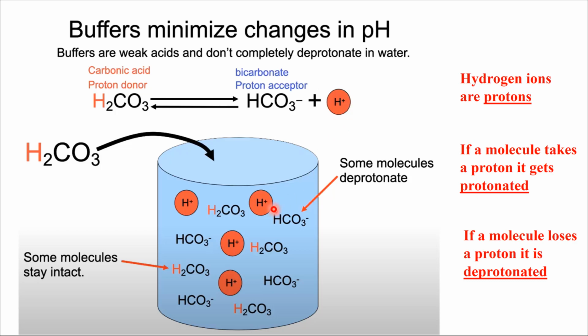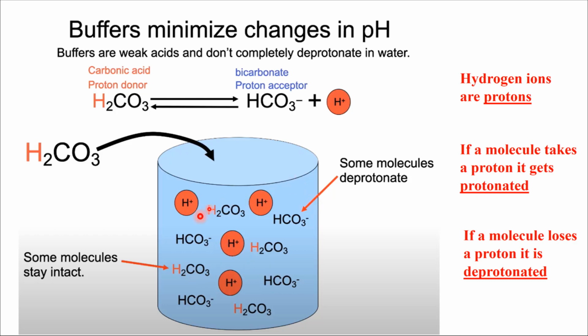Now let's take a look at this buffer in this solution. You can see that some of the buffer is in its deprotonated form, meaning it is capable of binding a proton, and some of the molecules of this buffer are intact and they're still in their protonated form, and therefore can lose a hydrogen ion if it needs to.